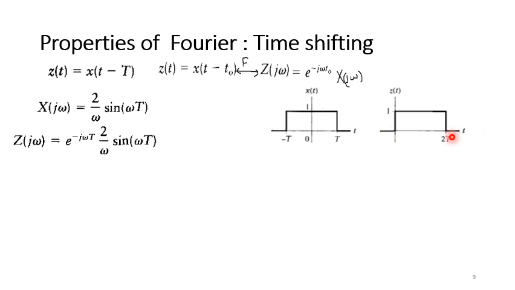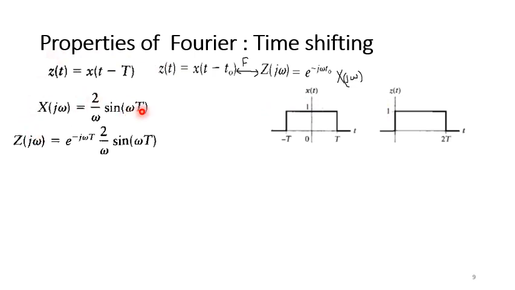So now we have z of t, which is 1 from 0 up to 2 capital T, and 0 elsewhere, that is from negative infinity up to 0, or from 2T up to positive infinity, it is 0. So let's exploit the time shifting property and find the Z of j omega, right?